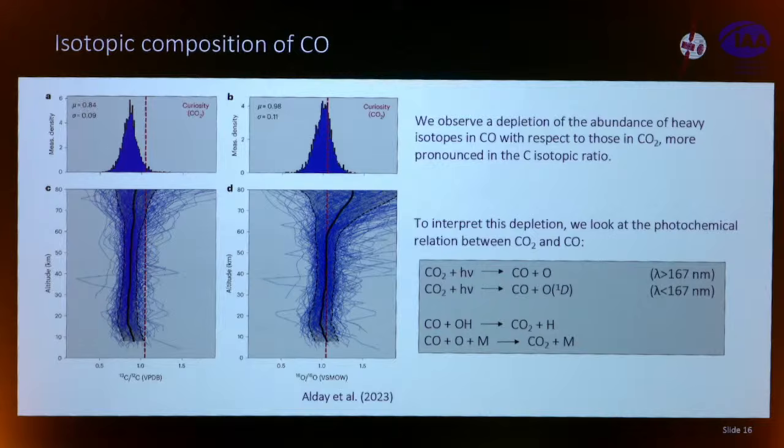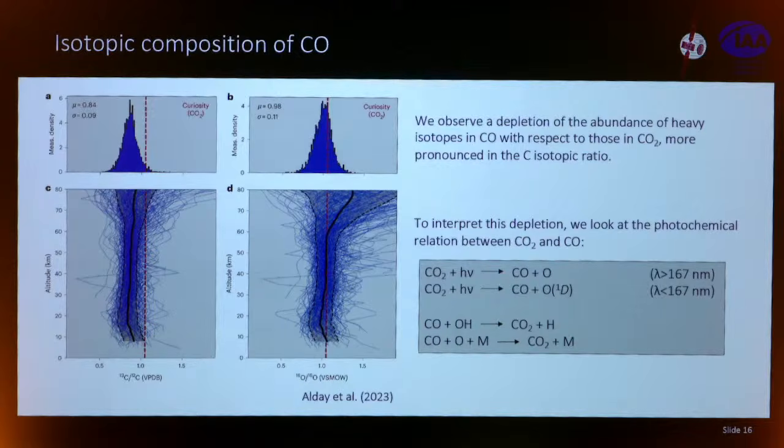And that's coming only from CO. We compare it with the value that has been observed by Curiosity, and you can see that there is a very strong difference between the C13 ratio of Curiosity and the one that we observe with CO with ACS and the Trace Gas Orbiter. There is a clear deviation.